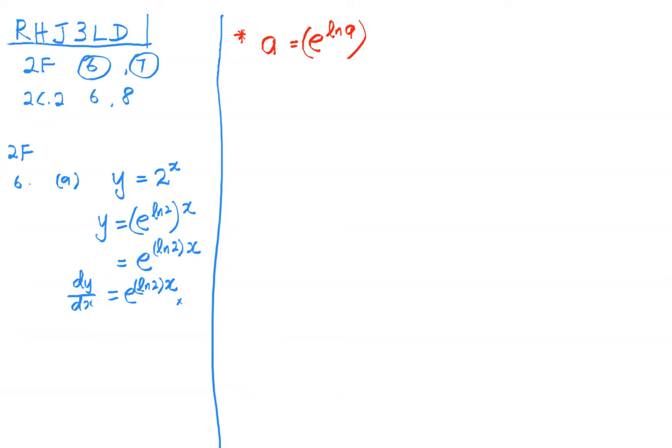A constant times x, the derivative will be the constant. If I want, I can convert this to become 2. That's it.